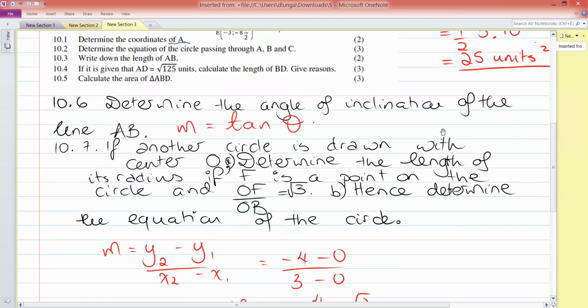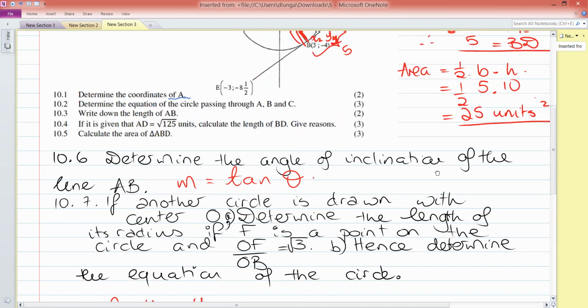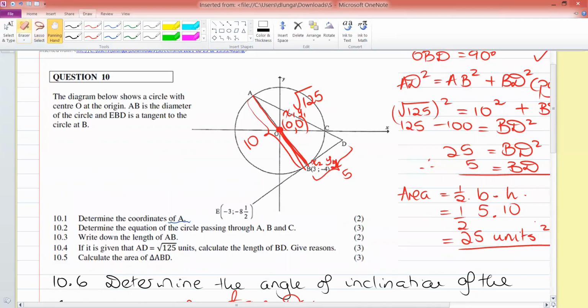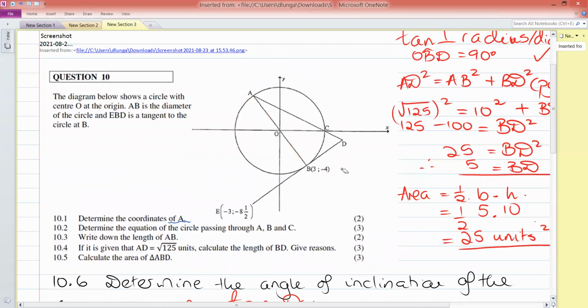All right, then, this question here. If another circle is drawn with center O, so it has the same center. First part, determine the length of its radius if F is a point on the circle and OF divided by OB is square root 3. Let's visualize what this is going to look like. I'm going to erase this.